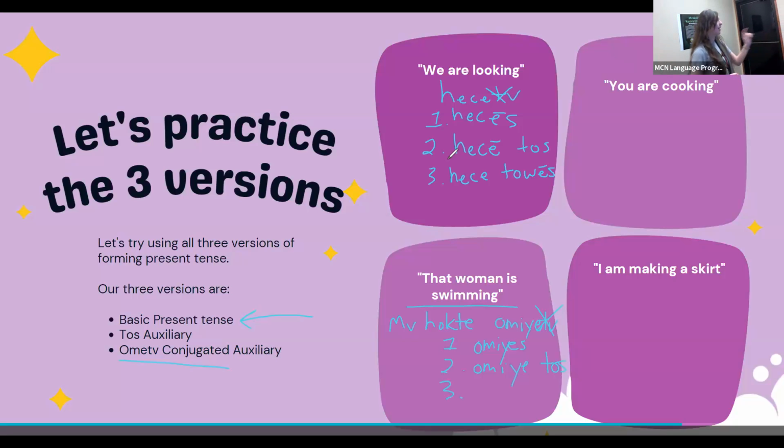And last but not least, the one where we conjugate our main one. So omeida, we drop our ida. We have ome. We add our null e, omeye, and we conjugate omida for that woman. What form is for she or he or it?